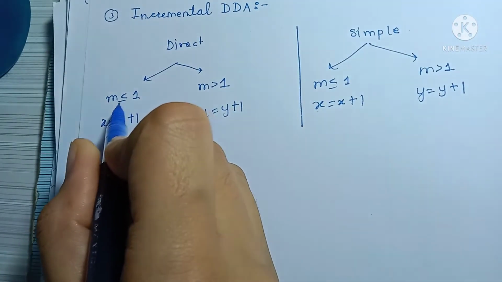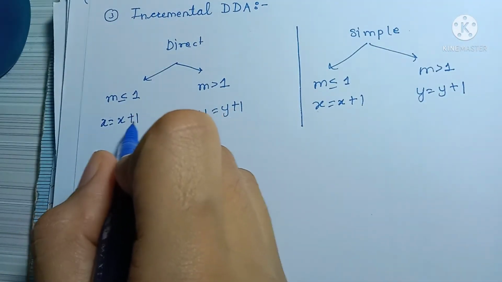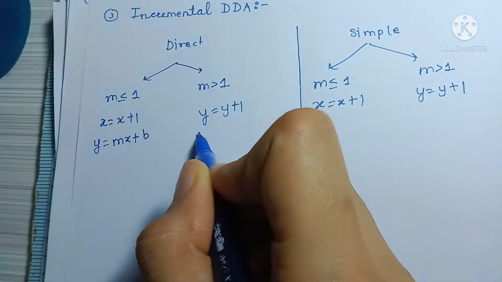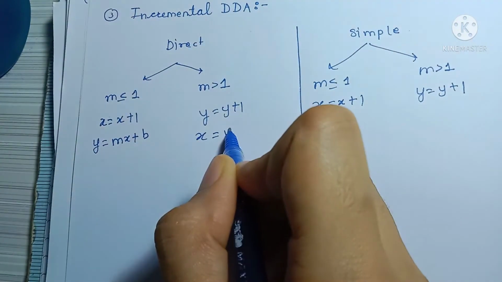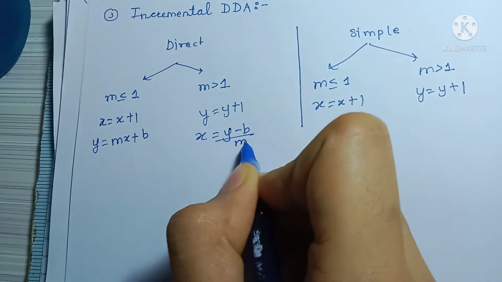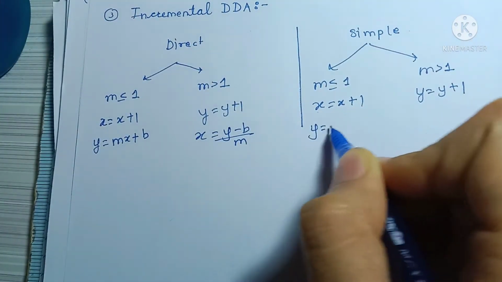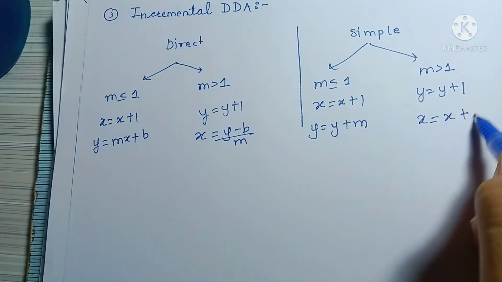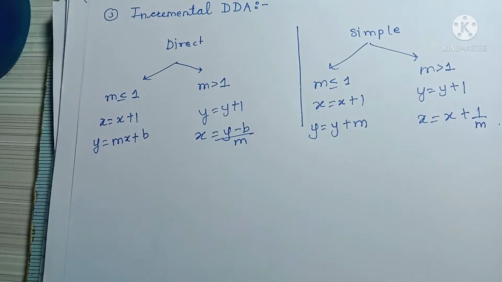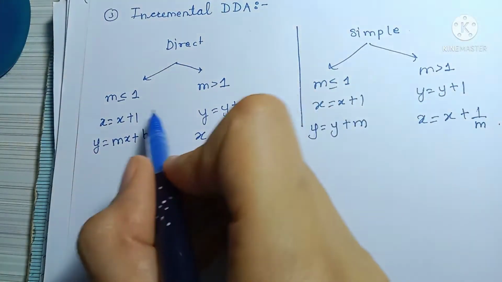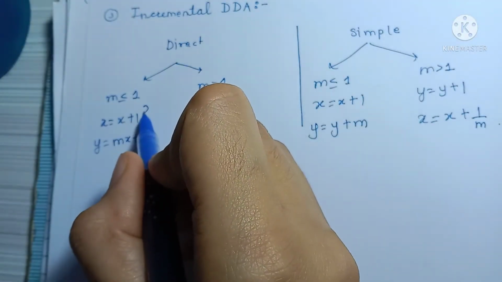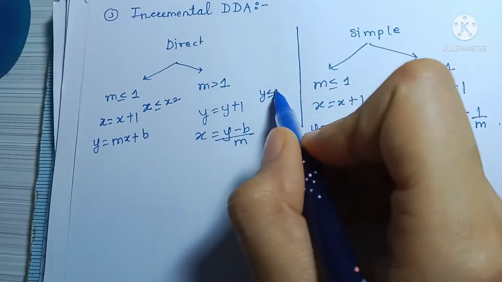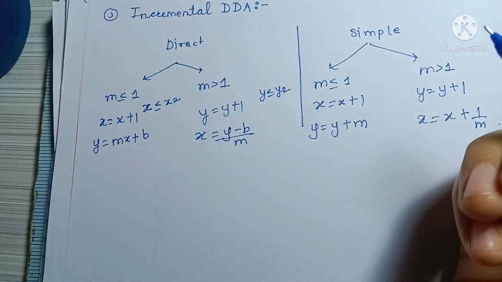If slope is less than or equal to 1, x is x plus 1 and y is mx plus b, and here x is y minus b upon m. Here y is y plus m, here x is x plus 1 upon m. Now x is incremented till x is less than or equal to x2, and here y less than or equal to y2.